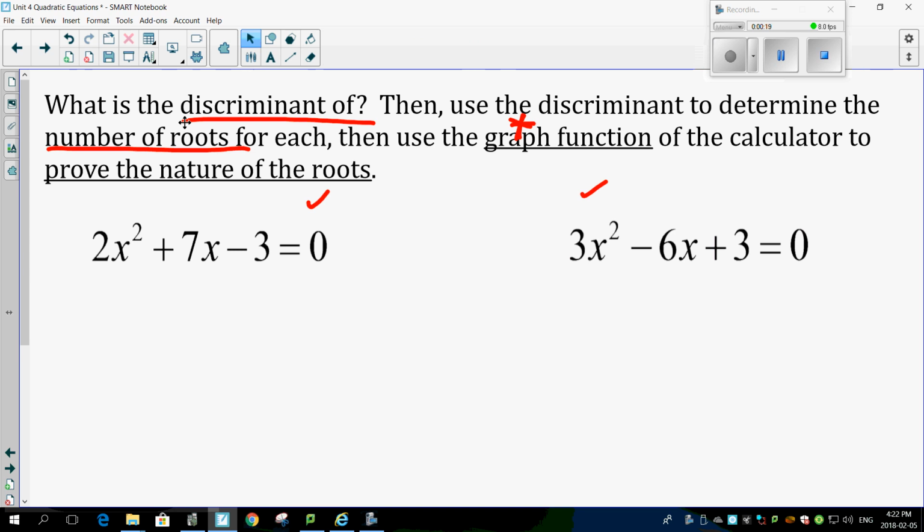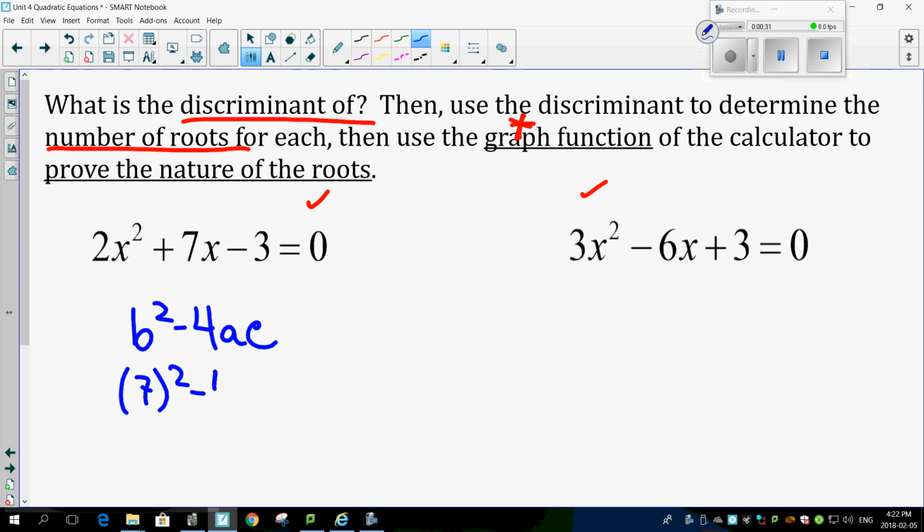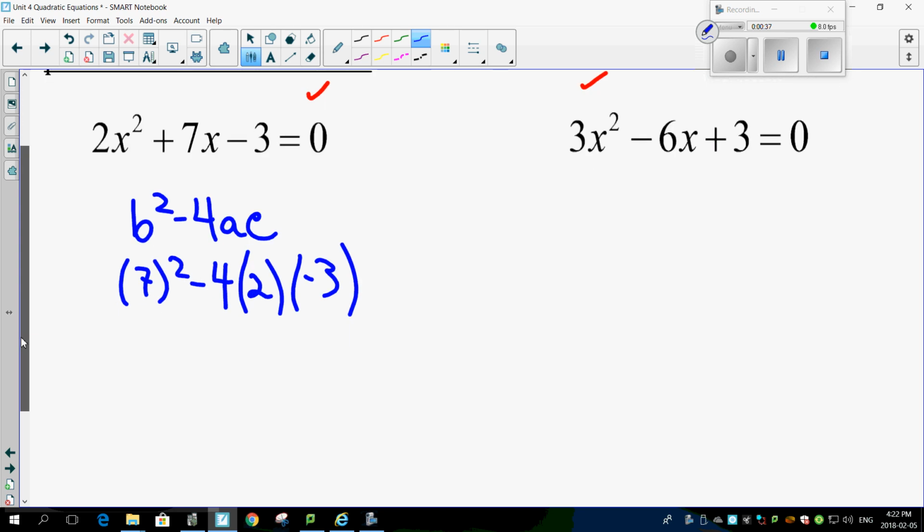The discriminant is the part of the quadratic formula that's under the square root. That's the b squared minus 4ac. Okay, here we go. B squared, that's 7 squared, minus 4 times a, which is 2, times c, which is minus 3. Let's do this. 7 squared, 49.